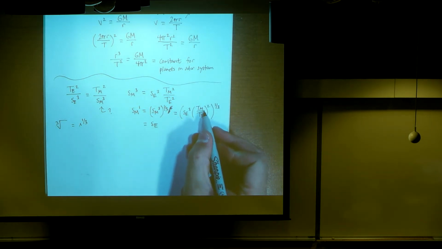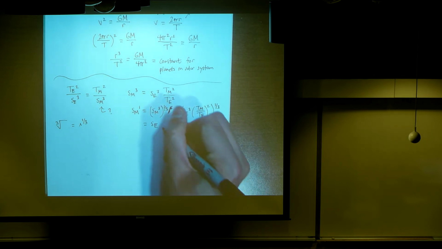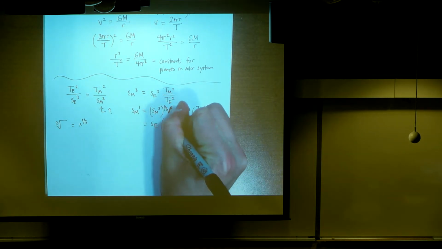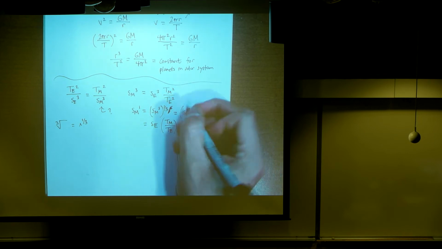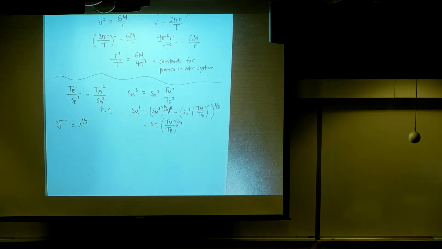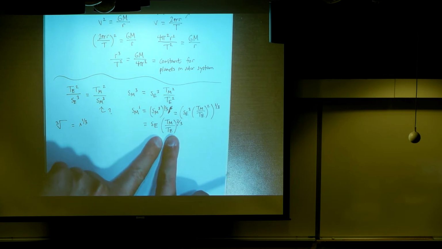And then I have Tm over Te squared, but taken to the 1/3 power. So I can write that as Tm over Te to the power of 2/3. You just multiply the powers. Okay? So we all good on the math here?